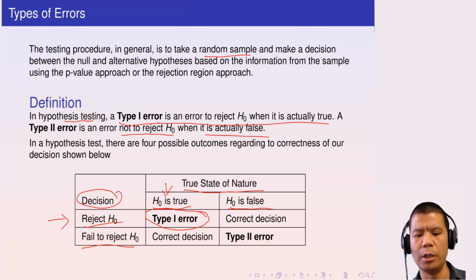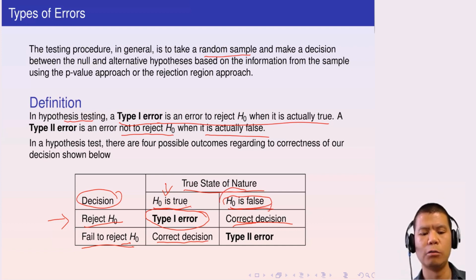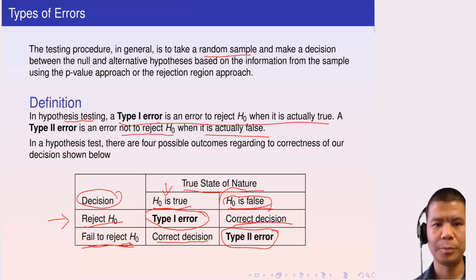If H0 is false and you reject H0, that's good. If H0 is true and you fail to reject, that's also good. However, if H0 is false and you fail to reject, this leads to a type 2 error. So this is something you have to be careful about.